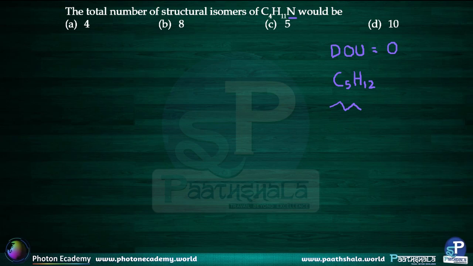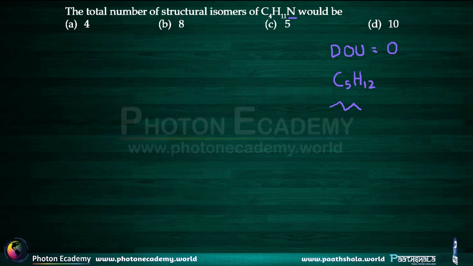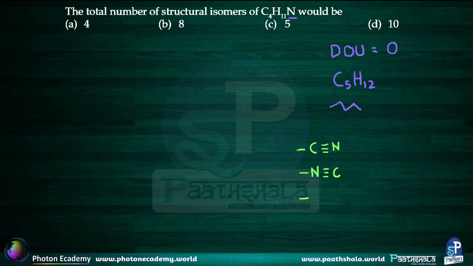And then we simultaneously have to think about what groups are going to have the nitrogen atom within them. There are three possible groups: one is a cyanide, one is an isocyanide, and one possibility is going to be an amine.